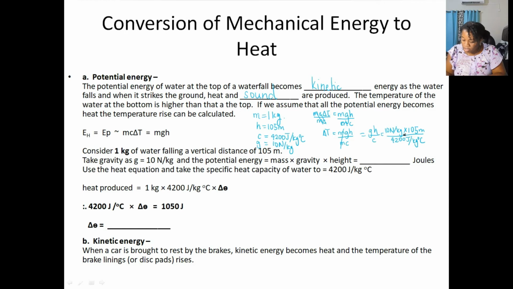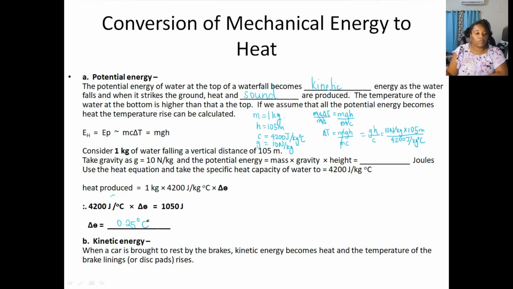So we say 10 times 105, 1050, divided by 4200, and that gives us 0.25 degrees Celsius. That would be the temperature change.